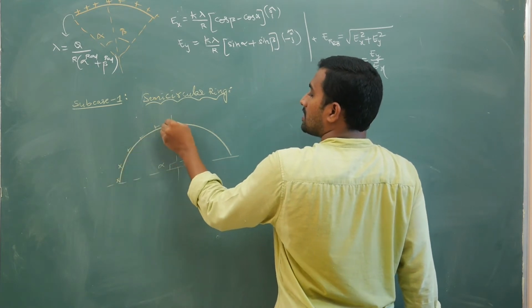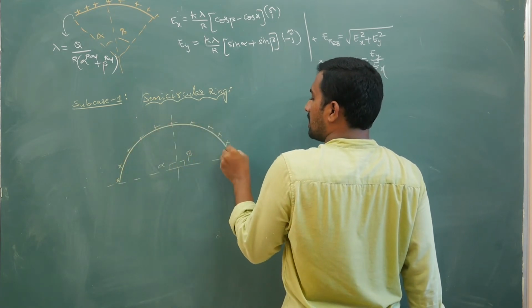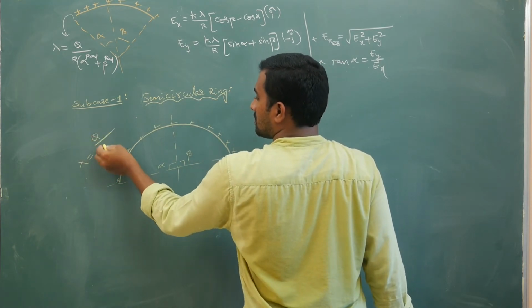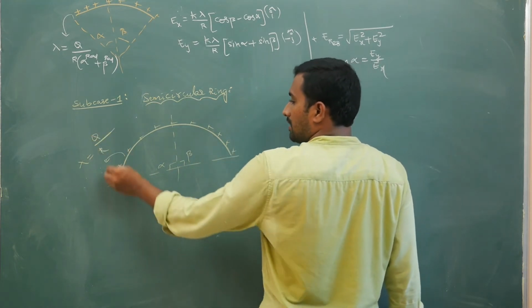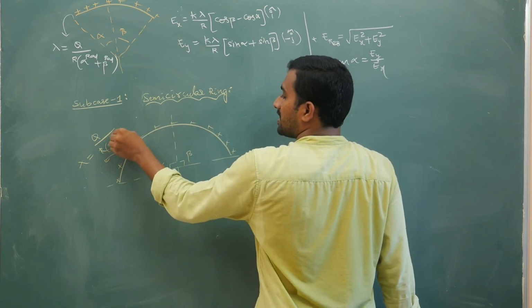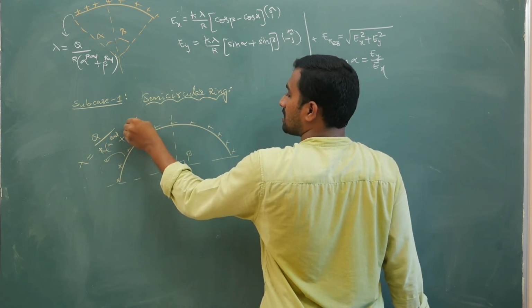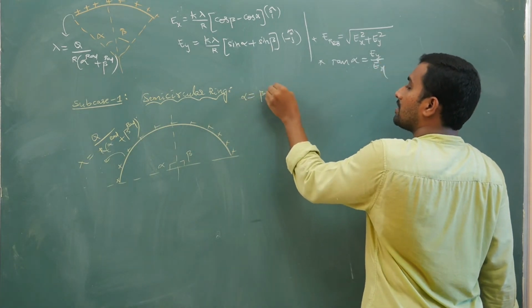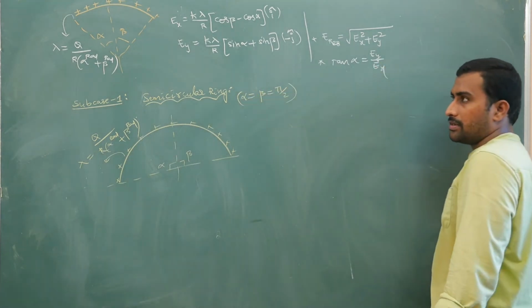Now all this is completely positive charge. So your lambda is equal to total charge by r times your alpha in radians plus beta in radians. In this case your alpha and beta are equal to 90 degrees, pi by 2.